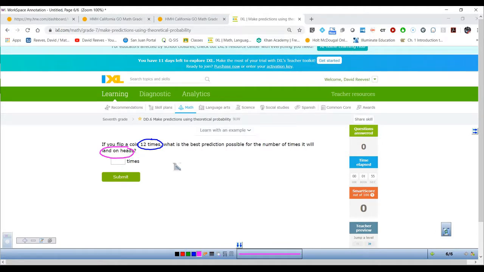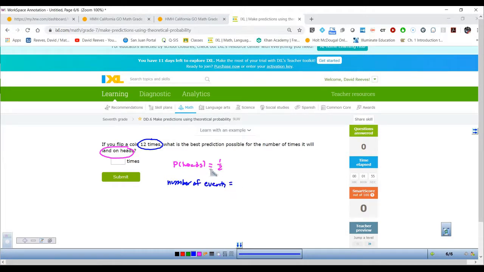So we're going to actually start with the second part of the problem, excuse me. And let's talk about the probability of getting heads. So if you flip a coin, what is the probability of getting heads? Well, the probability of getting heads is 1 out of 2. All right, and then what do we have? We have the number of events.